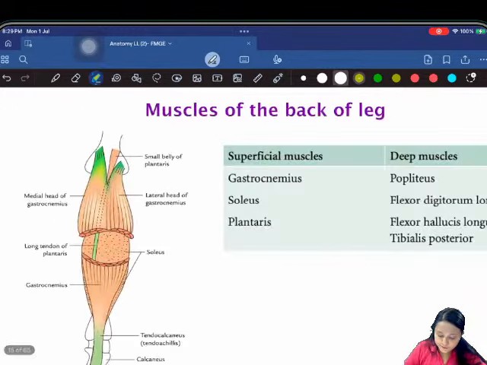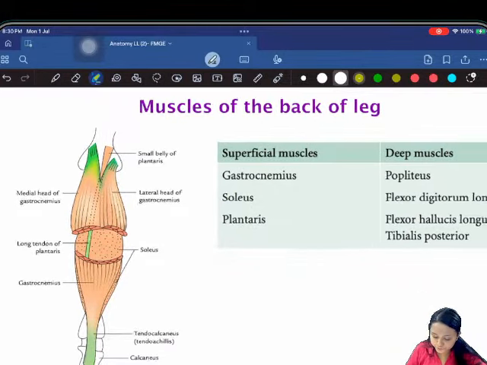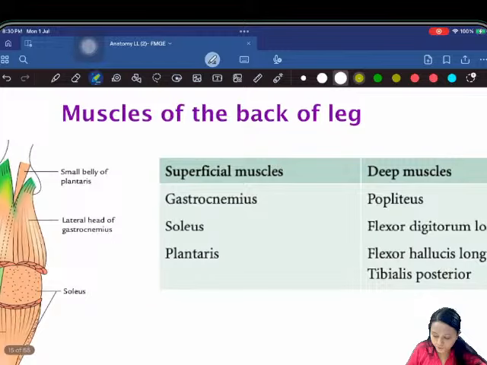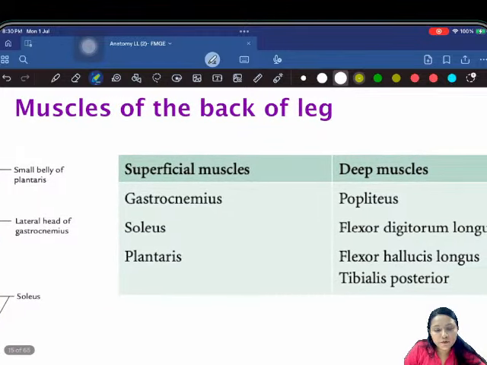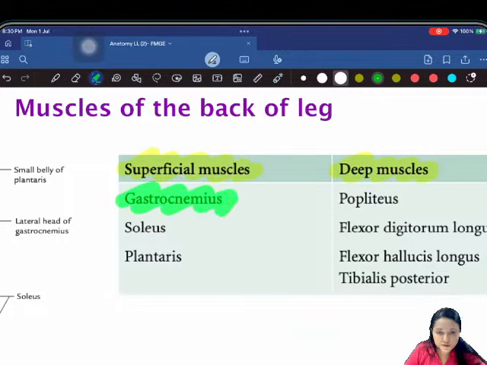Okay, let's study the muscles on the back of the leg. We have two groups of muscles, a superficial group and a deep group. In the superficial group you have the gastrocnemius, as already discussed, then the soleus and the plantaris muscle.